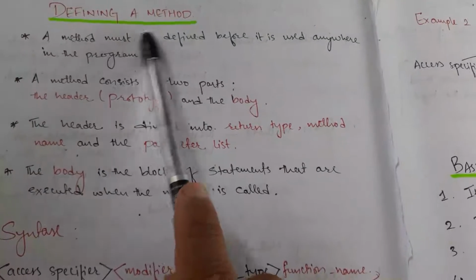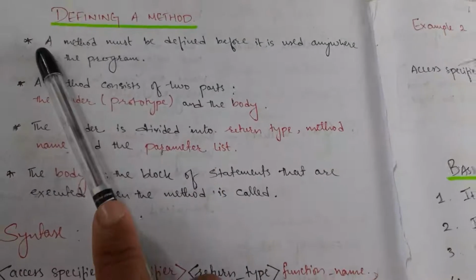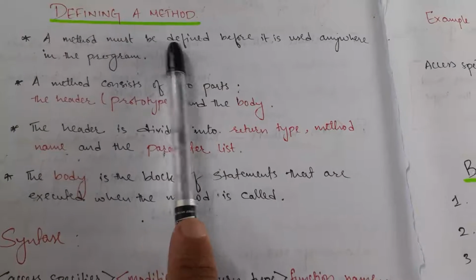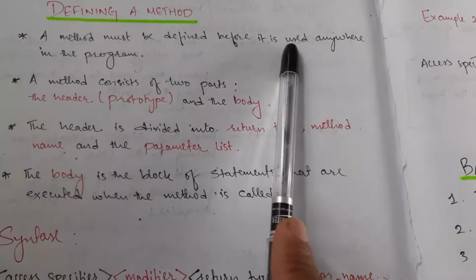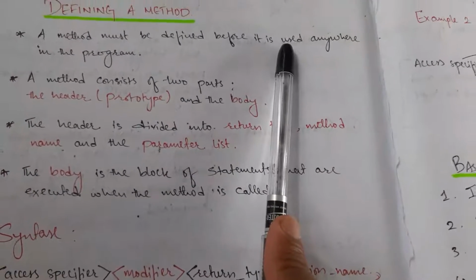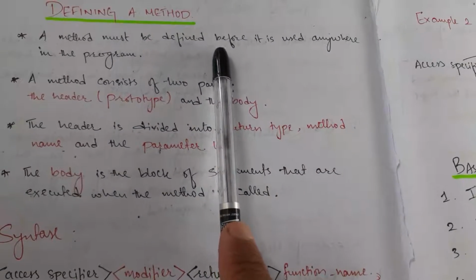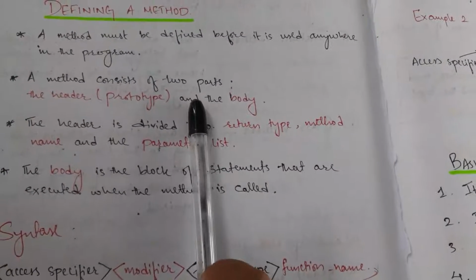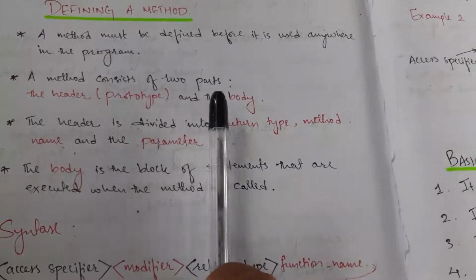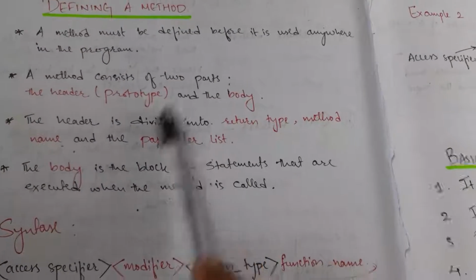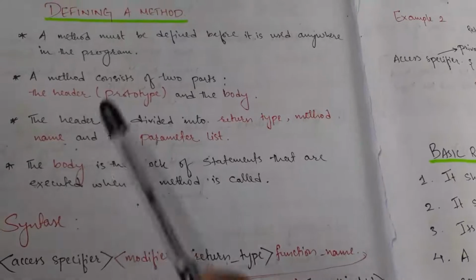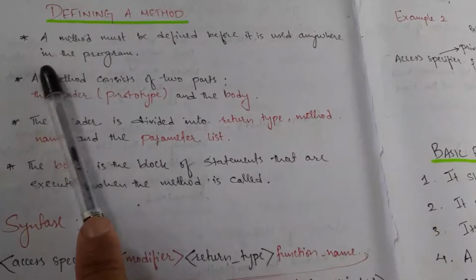So defining a method, the points are mentioned here. The first point is, a method must be defined before it is used. So before using it, we have to define a method anywhere in the program. We can use methods inside a class, and we have to define them before using them in any place inside a program. That is the first point that you have to remember.